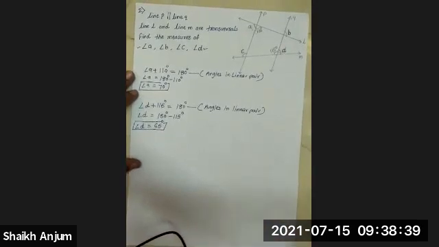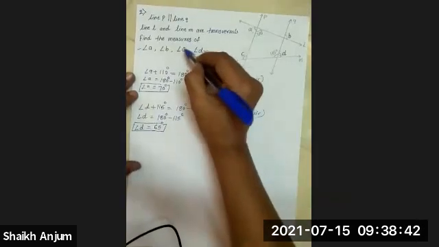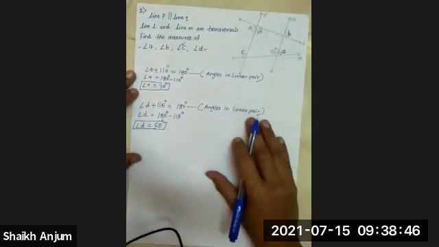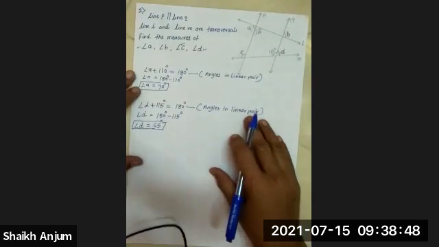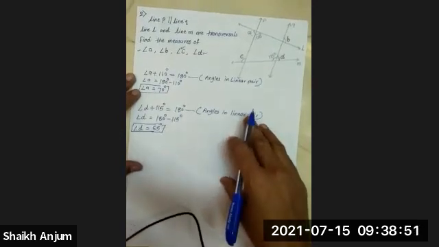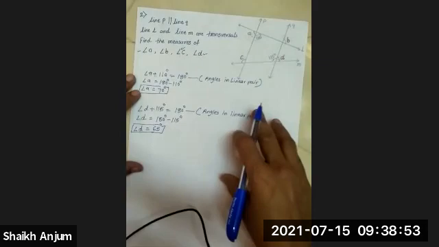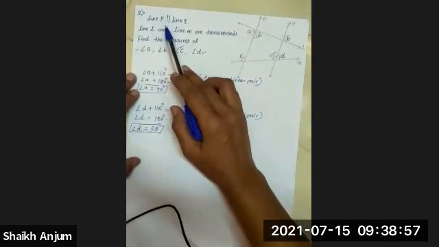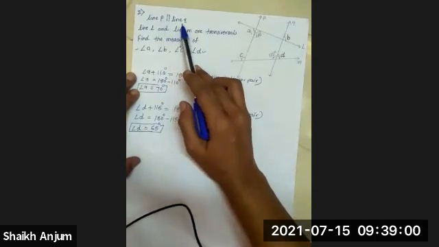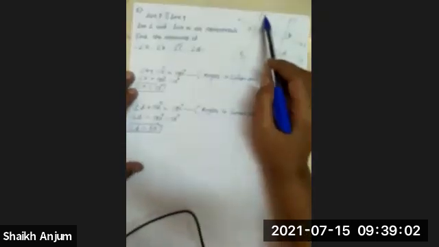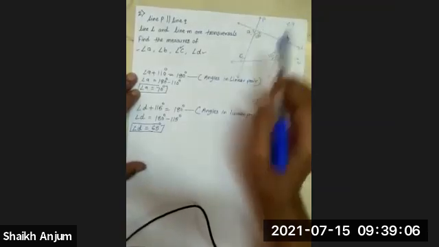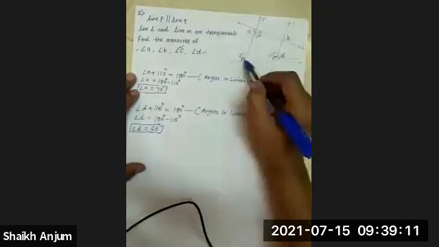Now for angle C. Now see in the diagram, they already gave that line P is parallel to line Q. So angle C is a corresponding angle.